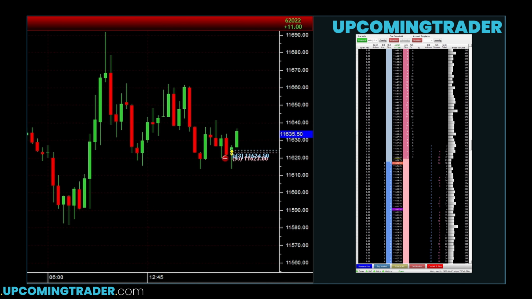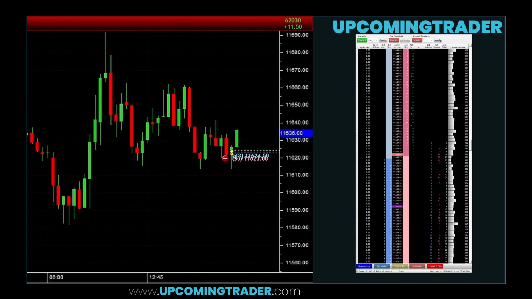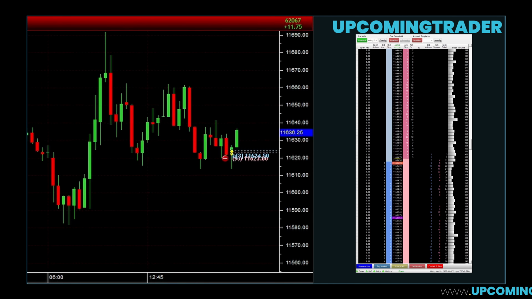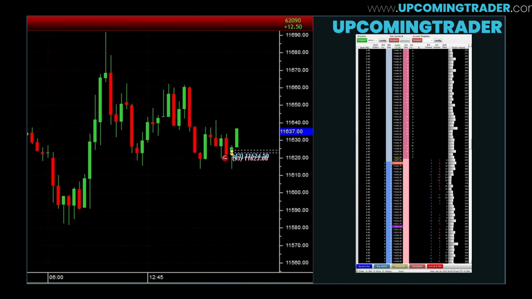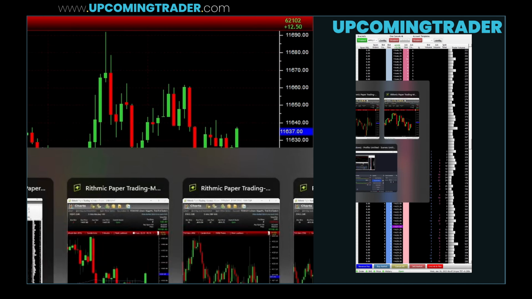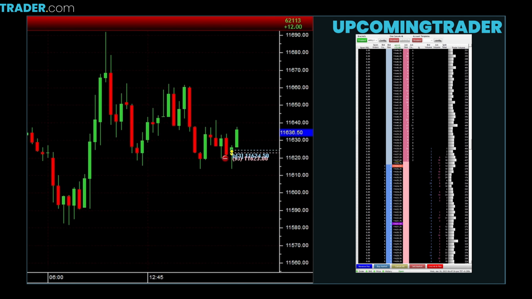A breakout above the value area high or below the value area low may indicate a potential shift in value perception, often leading to trending price movement. In such cases, it is essential to watch for confirmation, such as increased volume or momentum indicators, before committing to a breakout trade.